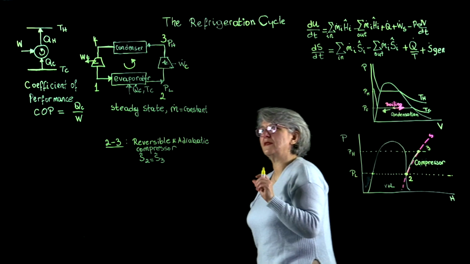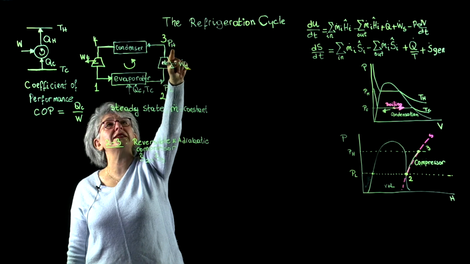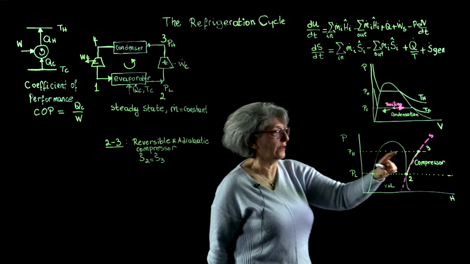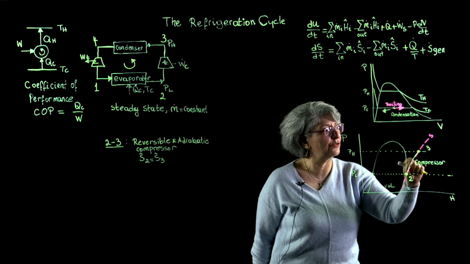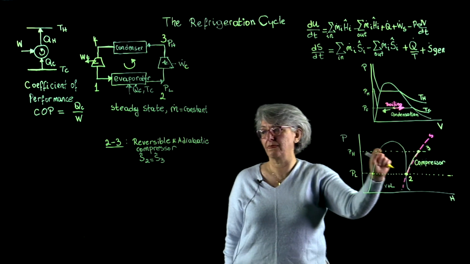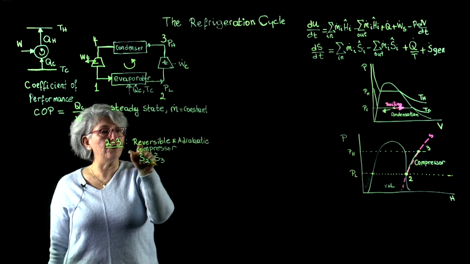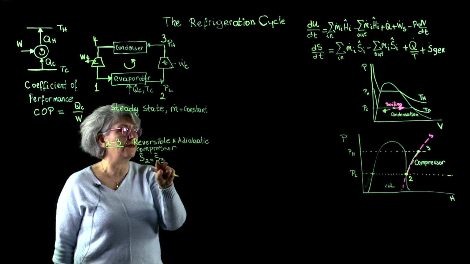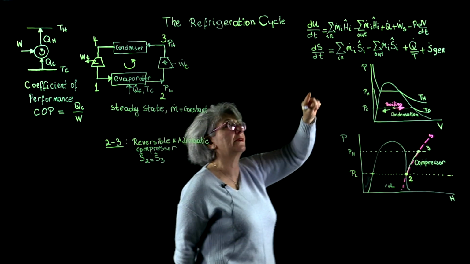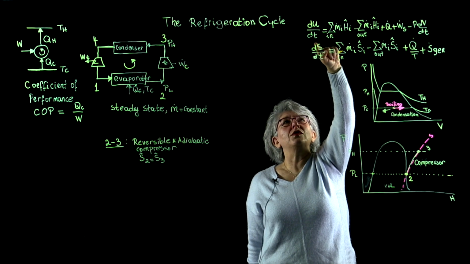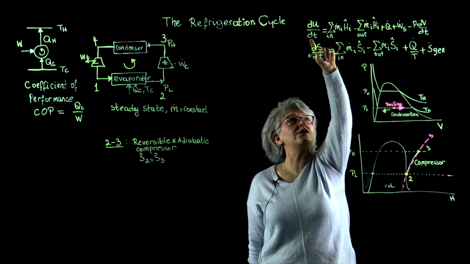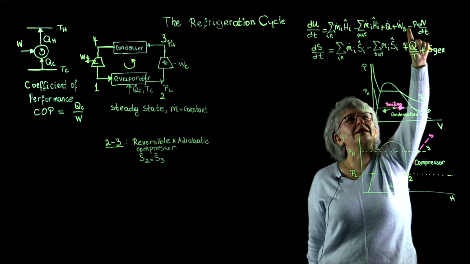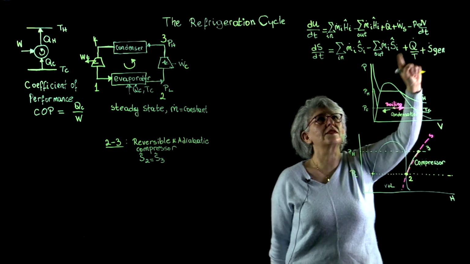Despite I didn't know the full state of point 3 with the exception of its pressure, by knowing the process, I was able to generate a state variable that took me from point 2 to point 3. So between point 2 and 3, I have a reversible and adiabatic operation where I keep entropies constant, and my energy balance reduces to the following. For the steady state condition, I lose this. For the adiabatic condition, I lose this. This is a rigid device. This term also disappears.